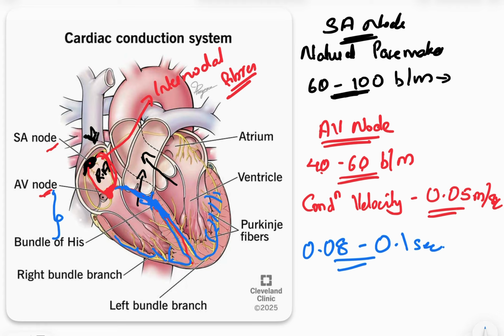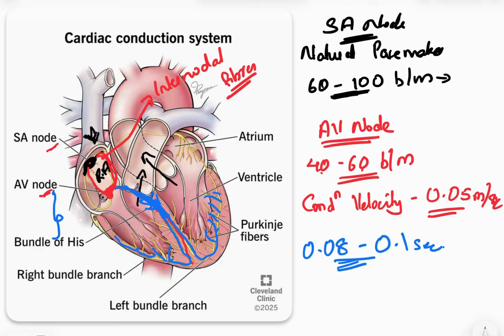So we got an idea: the SA node generates impulses and transfers them to the AV node, and the AV node transfers the impulses to the bundle of His. But before that, it takes a very, very small time, less than 1 second, 0.08 to 0.1 second.